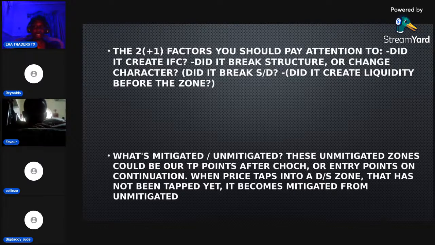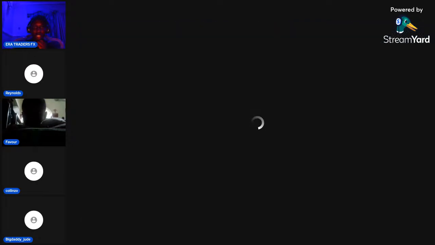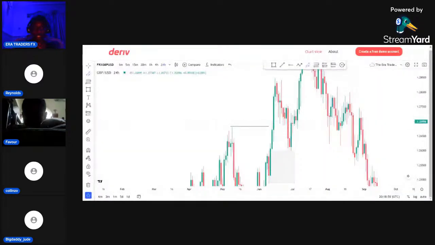Did it have inefficiency? Yes, there's inefficiency. That's the fair value gap. Can you see it? This is the fair value gap attached to it.